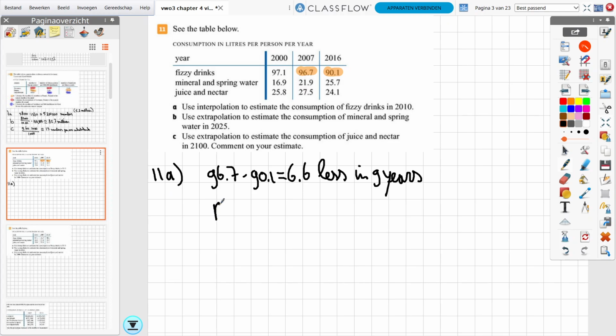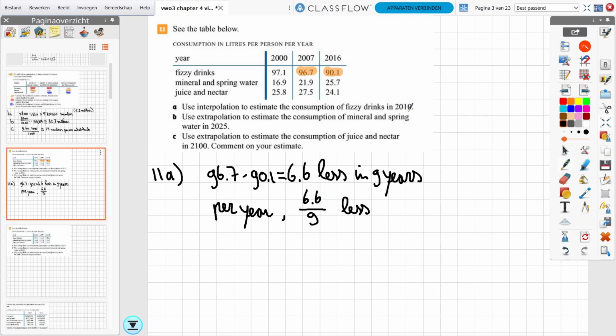So per year you will have 6.6 over 9 less. You can calculate this, but I would actually keep it in fractional notation. Then you know that you're not rounding too quickly. This is an exact value.